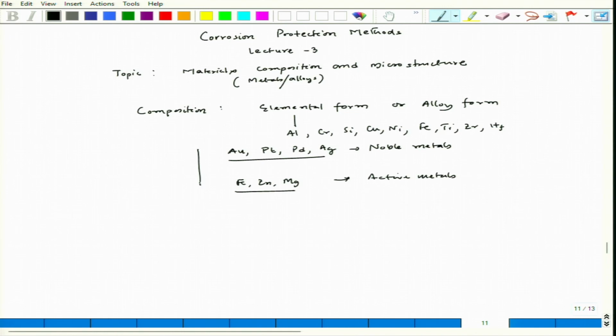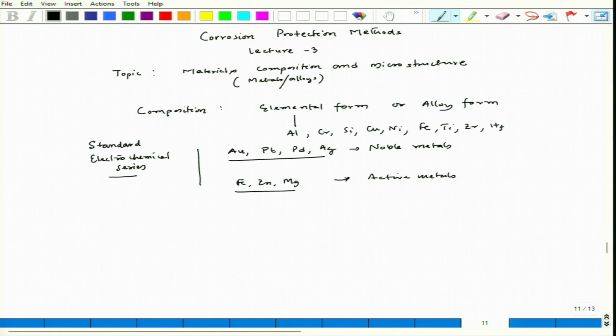This is as per the standard series. You can look up the standard electrochemical series on the internet; you will see that these noble elements are on top and iron, zinc, magnesium are at the bottom.